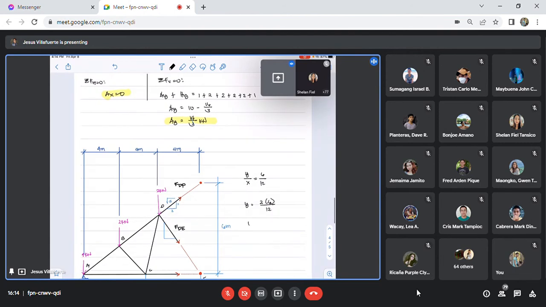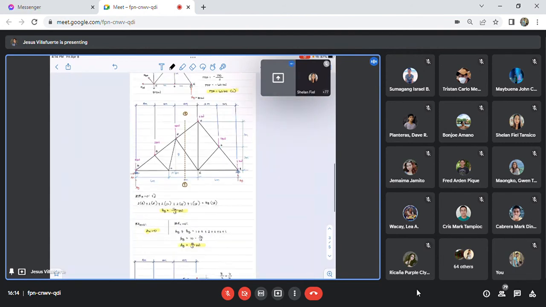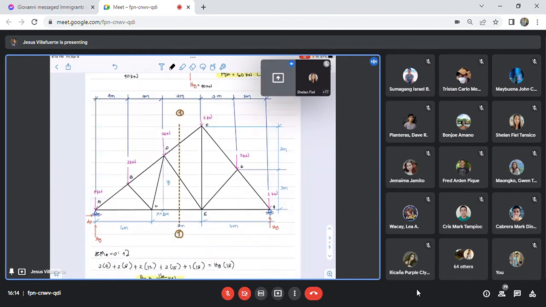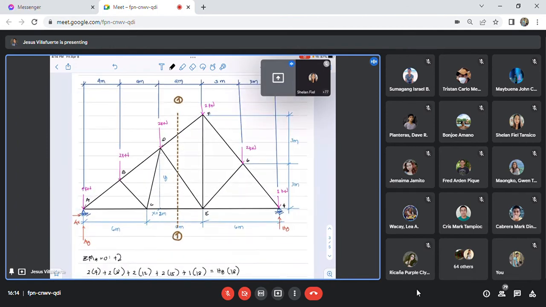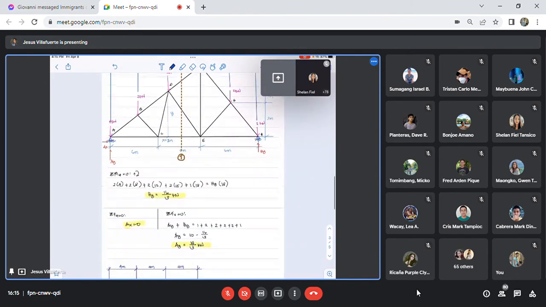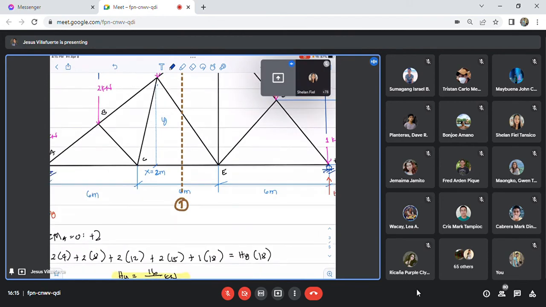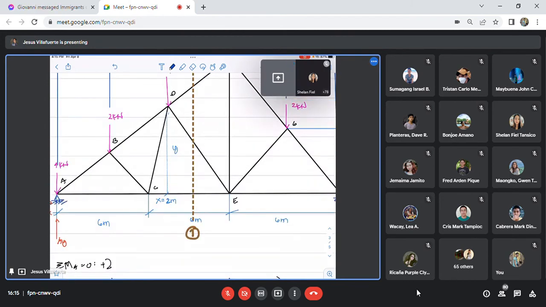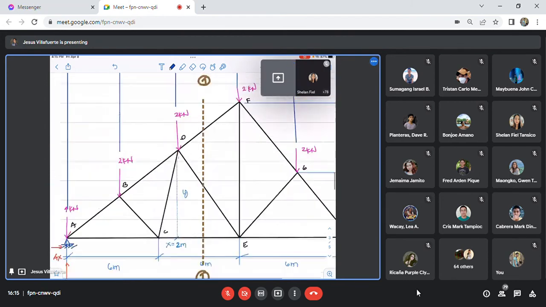So 12, 12. So y is just equal to 1 meter. And then this is just equal to 4. Therefore, na-follow ninyo class? This is x, no? Kaning x is equals to 2 meters. Kaning the distance between this one.